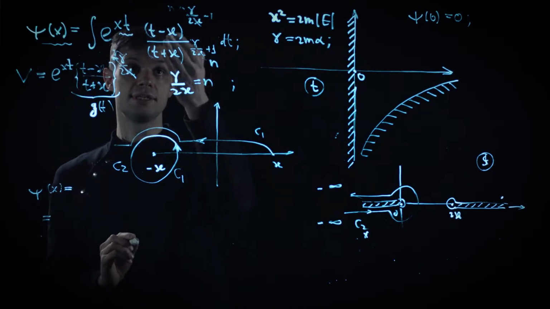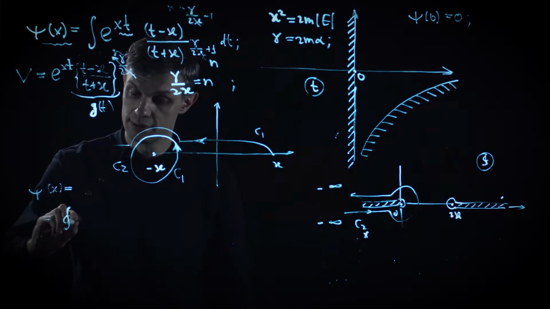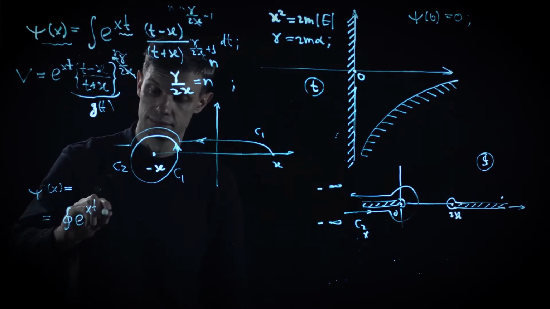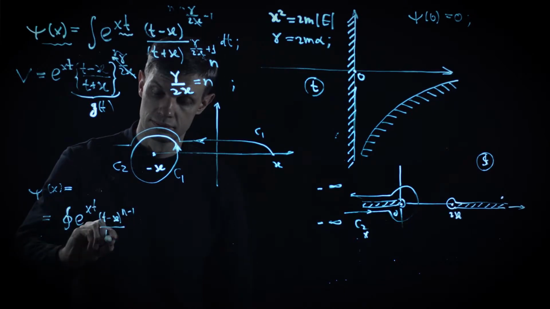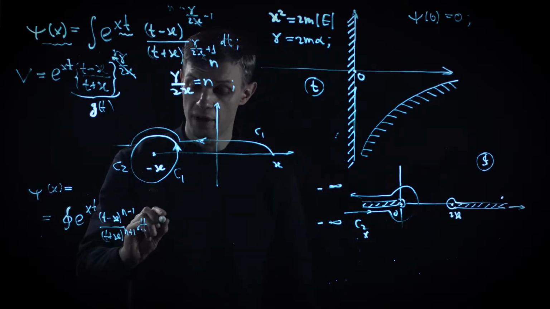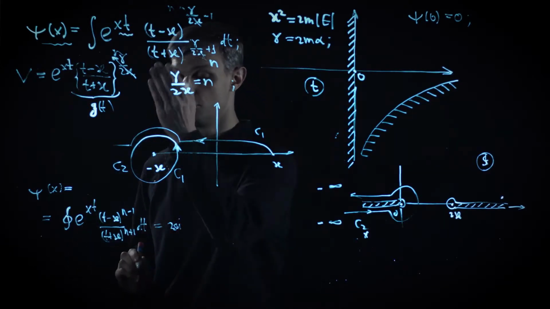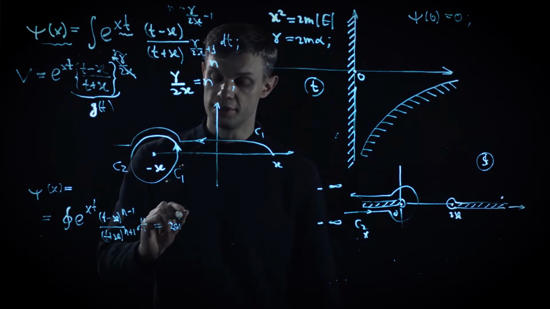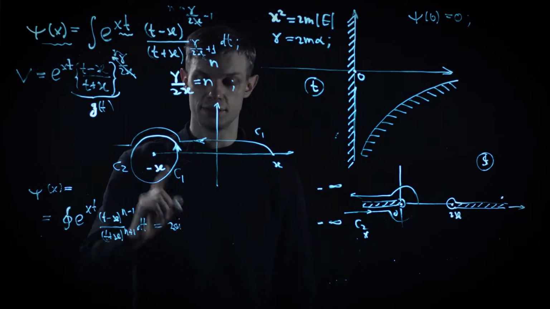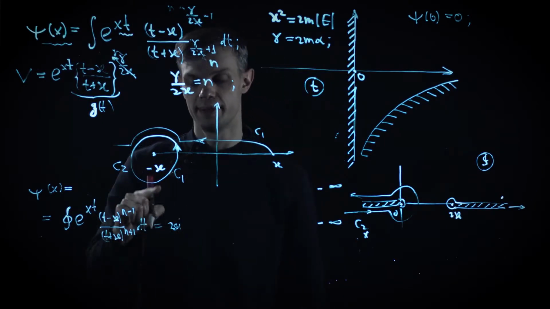But now the integral itself can be computed exactly. So let's write it down. And the wave function is given by the residue at this pole. So it's 2 pi i times the n+1 order residue.